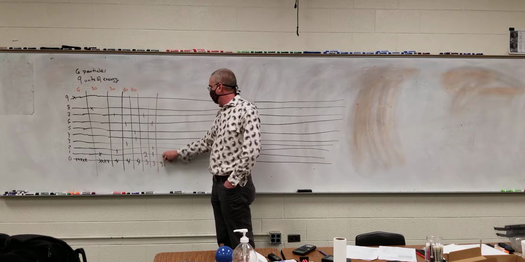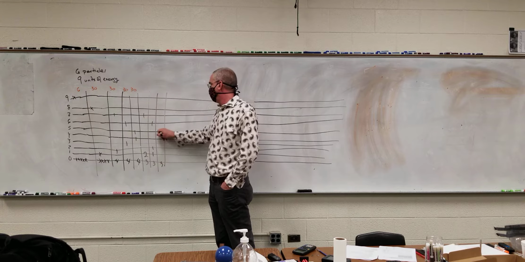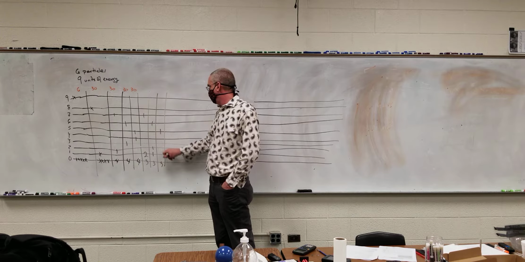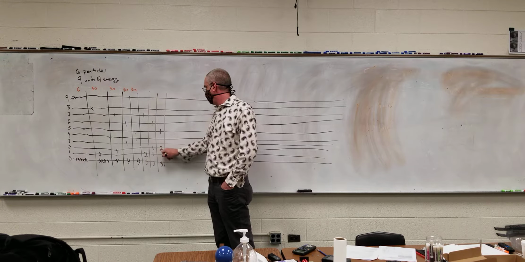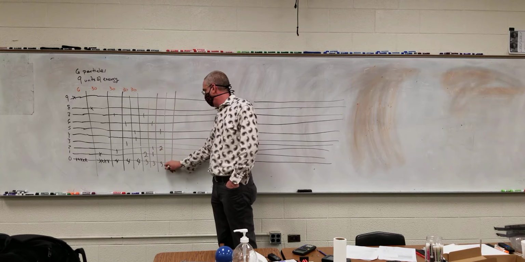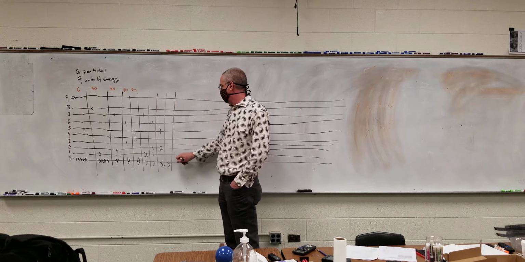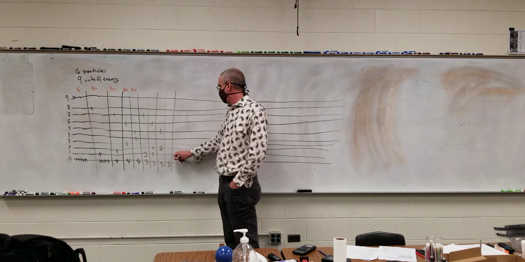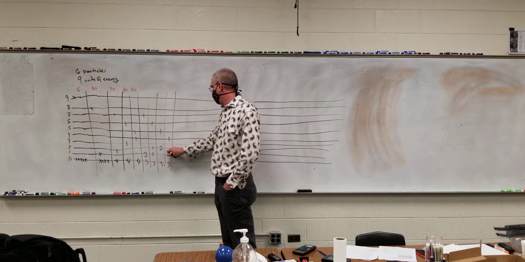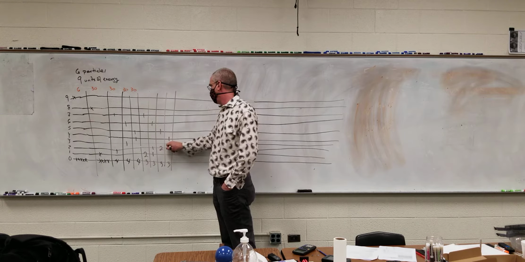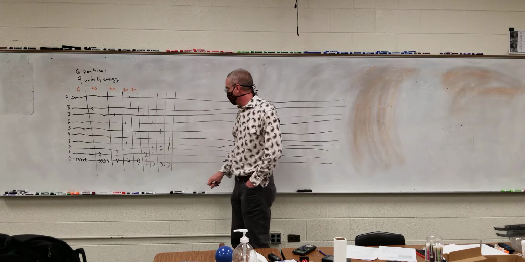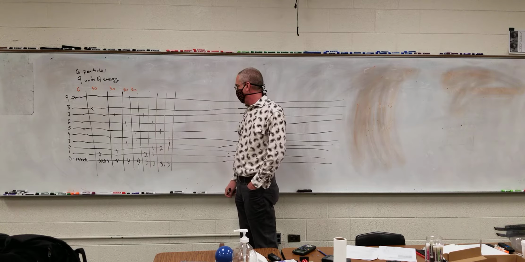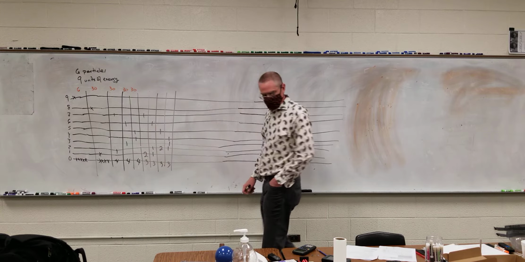Then 5, a 2 and a 2. 4, 3 and 2. What were those again? 4, 3, 2? Yep. And I think that's it for that one. Right, for 3. You were missing one.